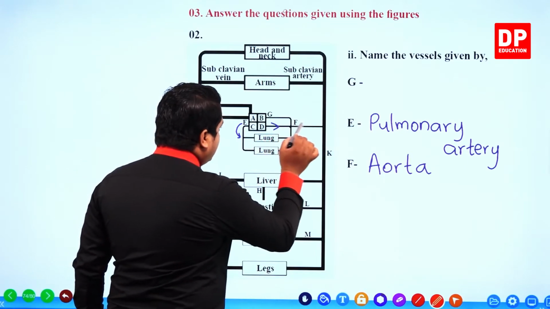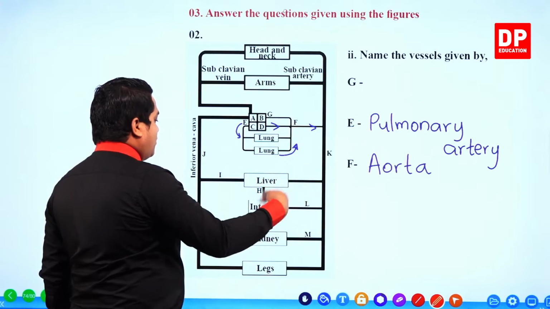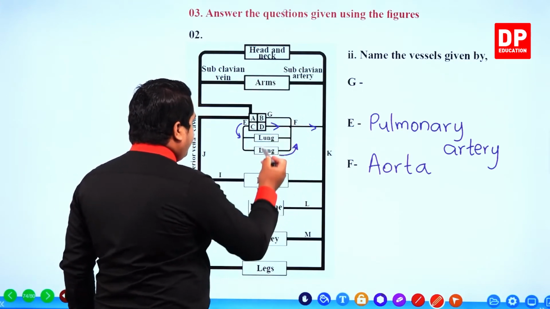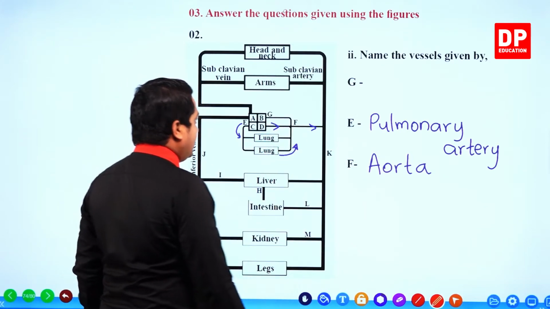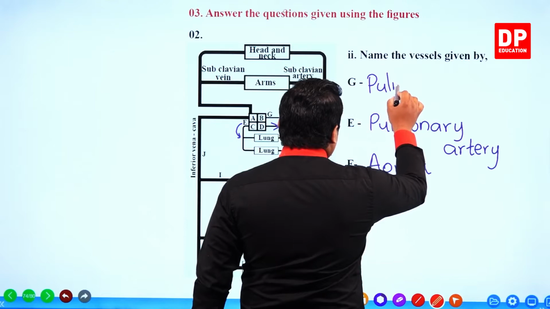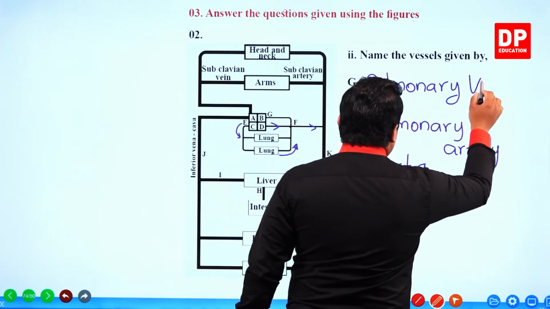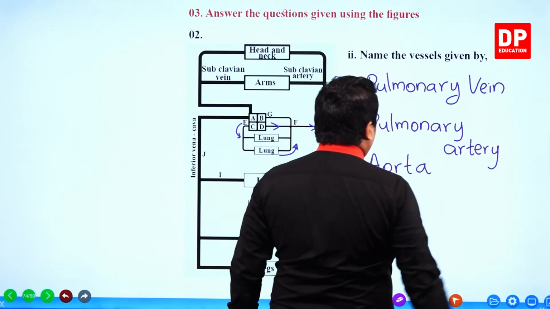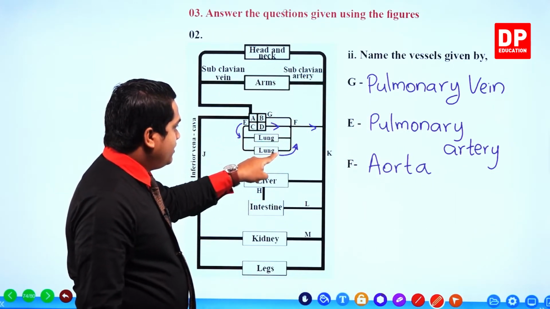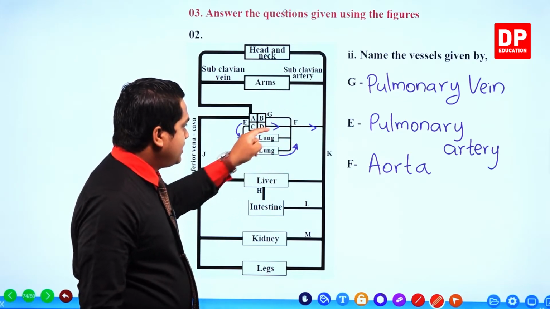Then that oxygenated blood is distributed through F to all around the body parts. So this is pulmonary veins. Pulmonary vein. So G is pulmonary vein, which is going to bring oxygenated blood towards the heart.